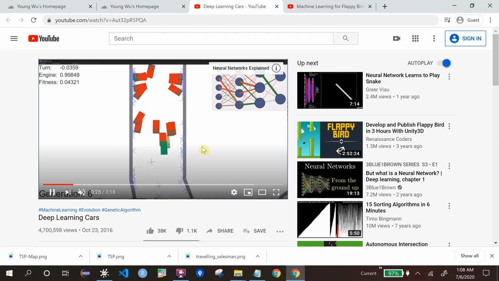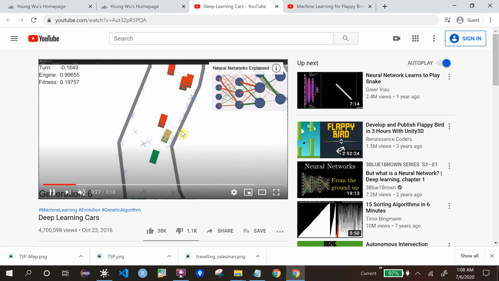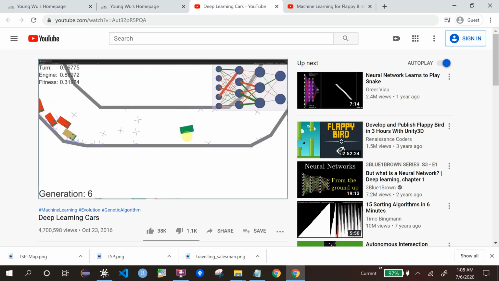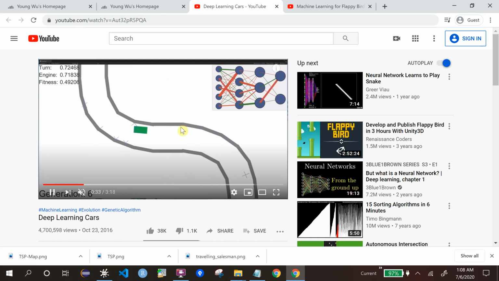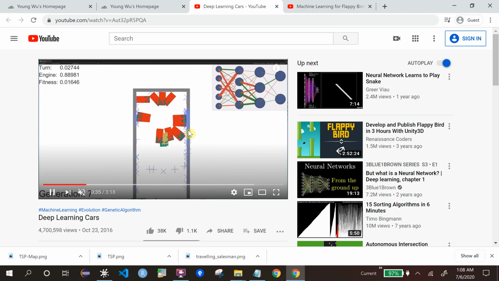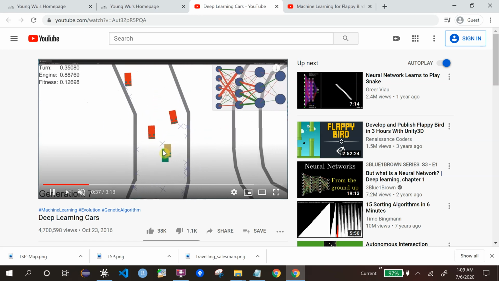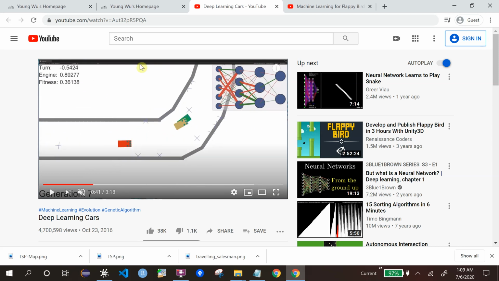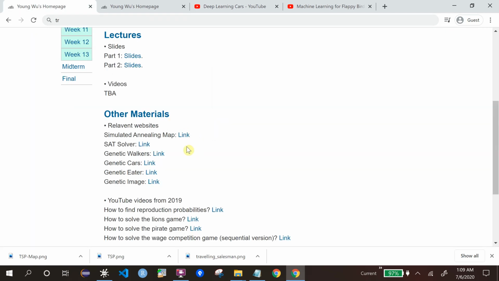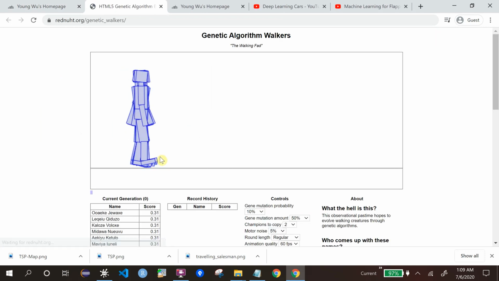At the end, still most of the cars do not work, but many cars will drive very far. I think I showed you the end of this video already, so I'm not going to wait for it again. And on my website, there are some other examples, such as training people to walk using a genetic algorithm.